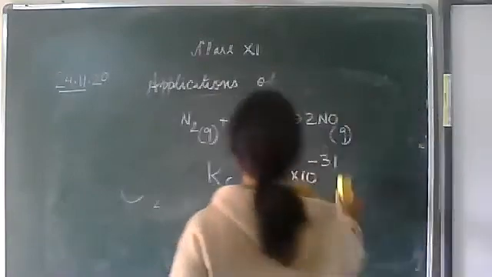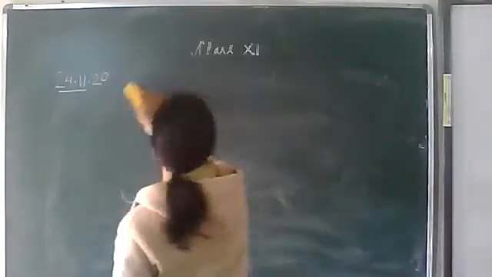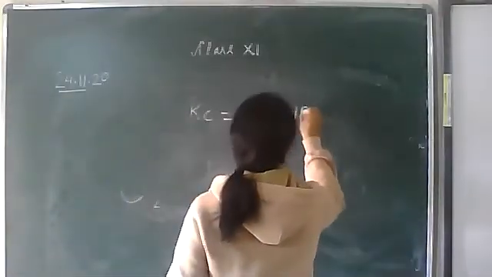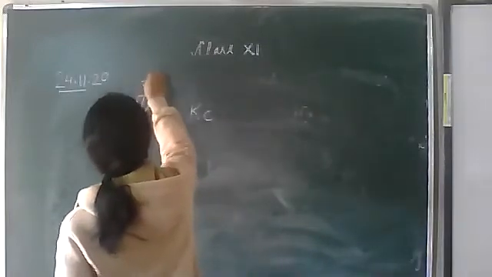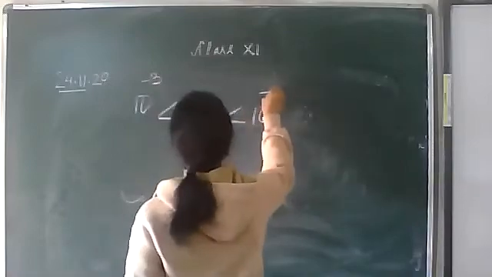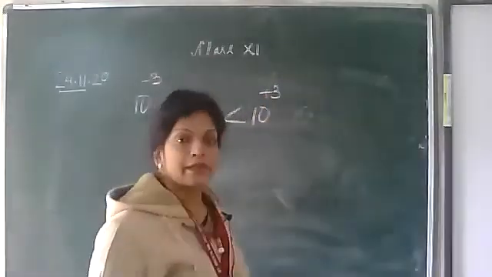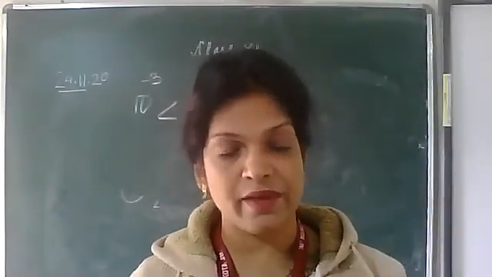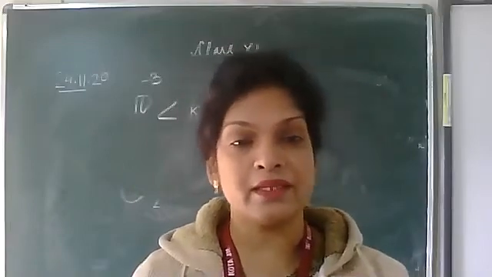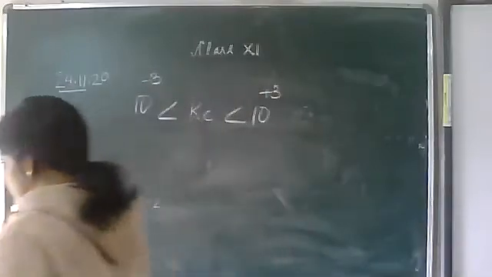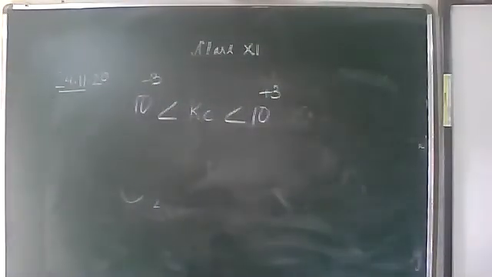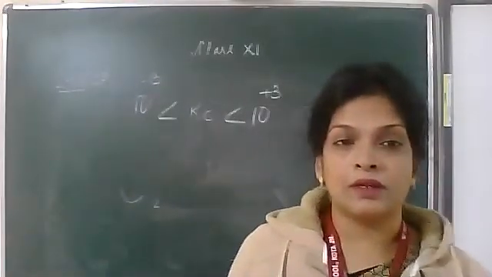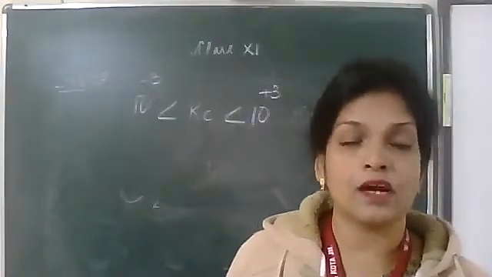Third, if Kc value is in between 10 to the power minus 3 and 10 to the power 3, write down, appreciable amount of reactants and products are present in the equilibrium.